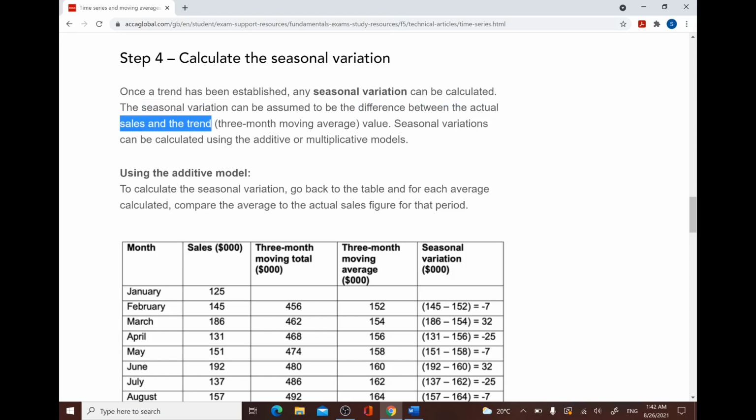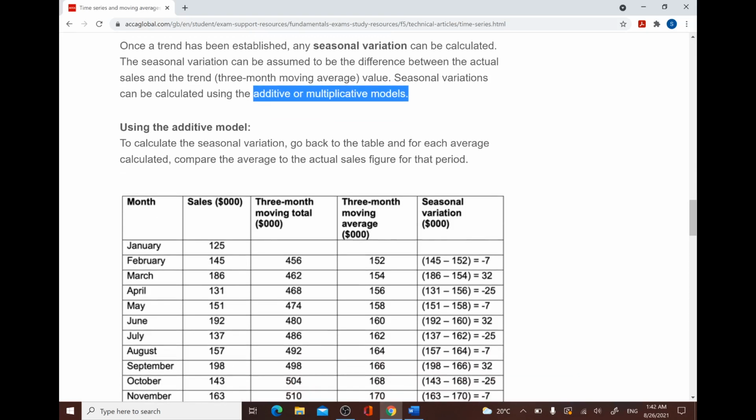Can you see that? So which one is the actual sales? Which is Y, this particular column. So it's either with the use of the additive model or the multiplicative model. Now class, if it's the additive model, we understand that it's trend plus seasonal variation to derive the sales.